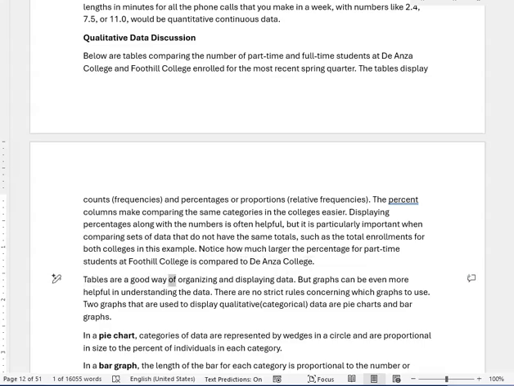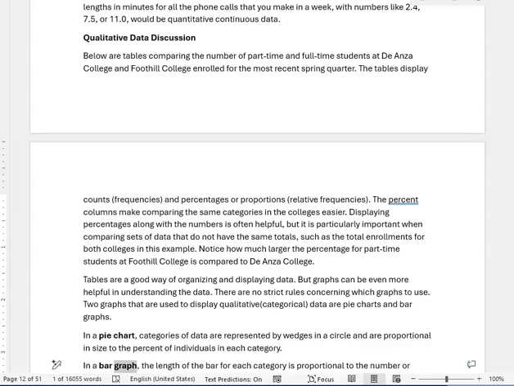Tables are a good way of organizing and displaying data, but graphs can be even more helpful in understanding the data. There are no strict rules concerning which graphs to use. Two graphs that are used to display qualitative, categorical data are pie charts and bar graphs. In a pie chart, categories of data are represented by wedges in a circle and are proportional in size to the percent of individuals in each category.